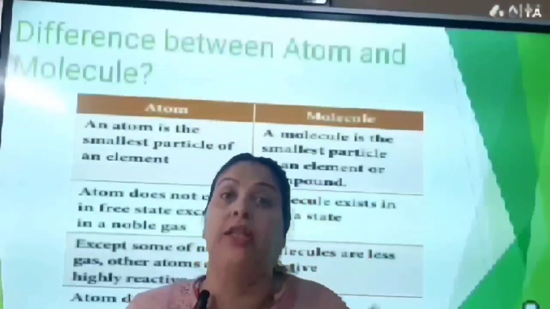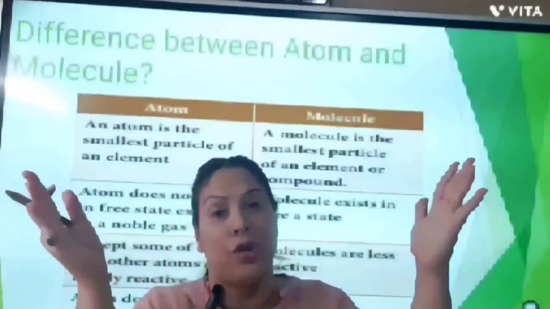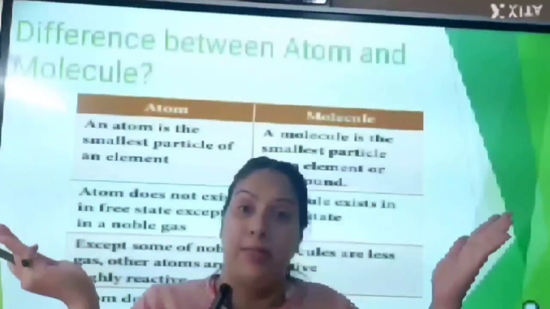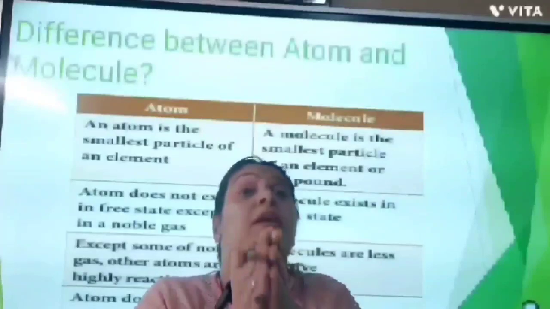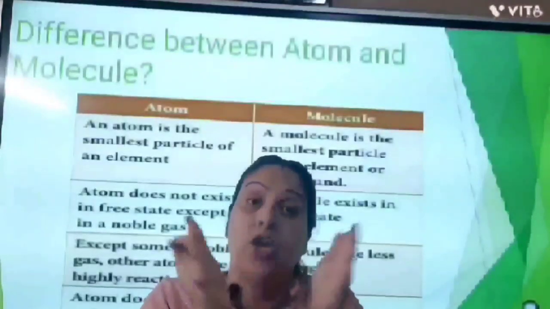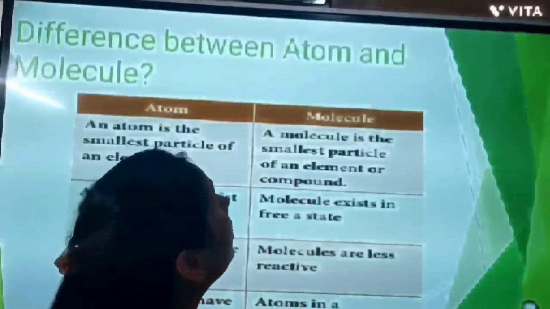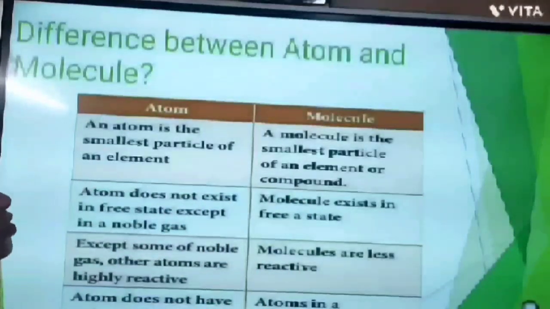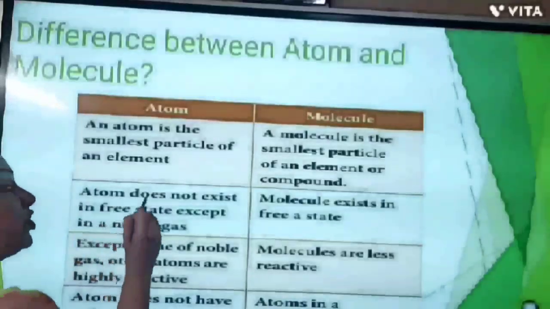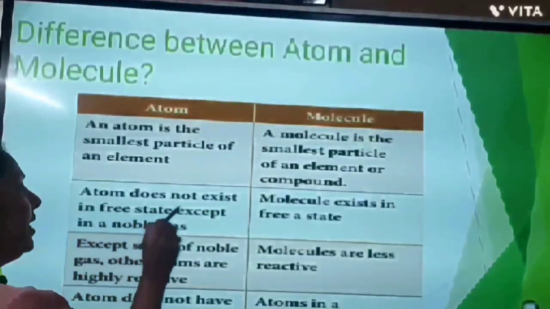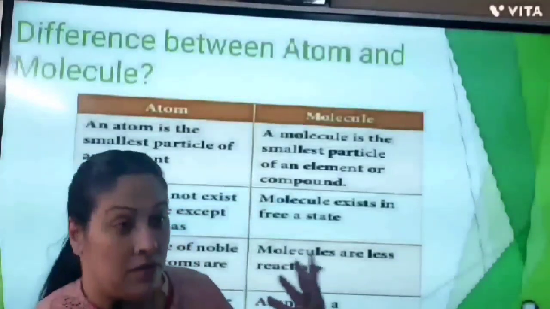If different types of atoms, like hydrogen and oxygen, bond together and make a single unit, such a combination of atoms is known as a compound. So a molecule is the smallest particle of an element or compound. An atom does not exist in a free state except in a noble gas. What is a noble gas?